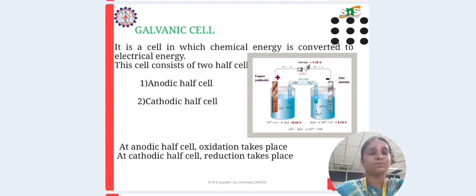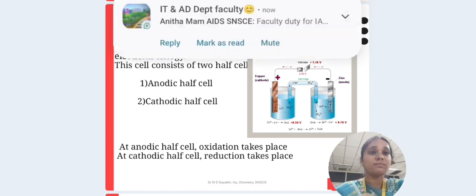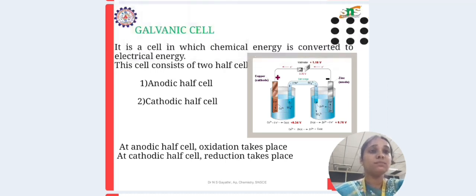In the pictorial representation, both electrodes are connected with a voltmeter to find out the voltage produced. These two compartments are combined with a salt bridge, a U-type salt bridge, filled with agar-agar or KCl for the movement of ions.